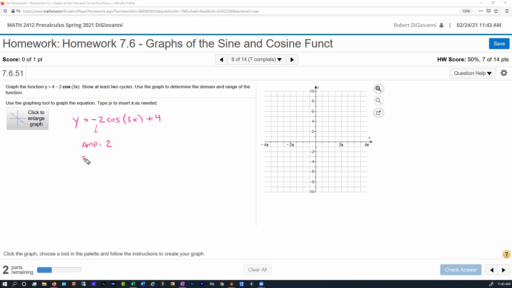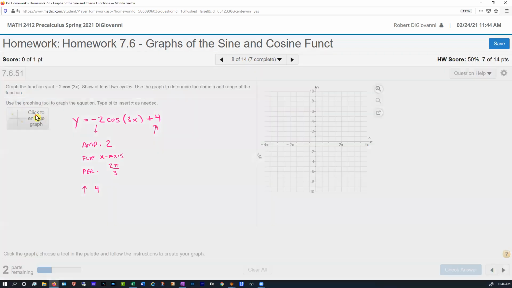It's going to be flipped over the x-axis because we have a negative in front of that 2. The period is going to be 2 pi over the number in front of x, which is 3. And then it's going to be shifted up 4 because we have the +4 back here. So let's go ahead and do that in here.